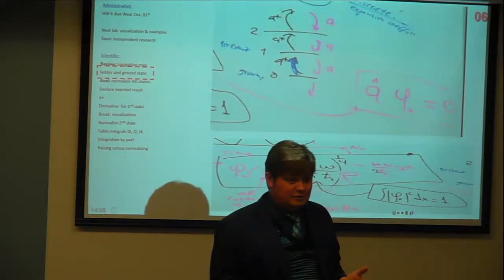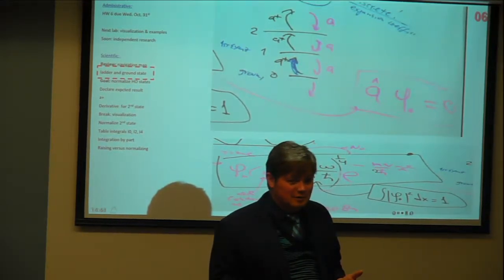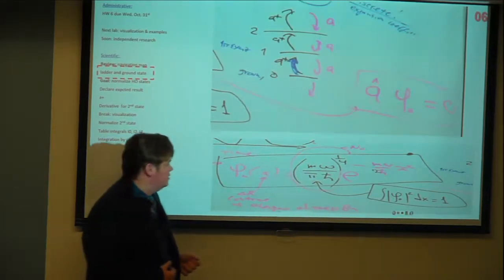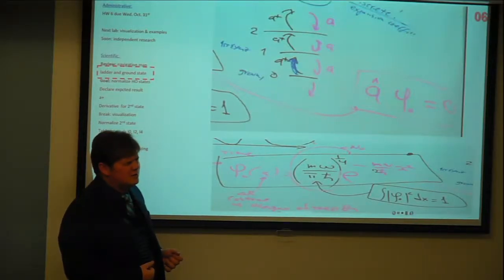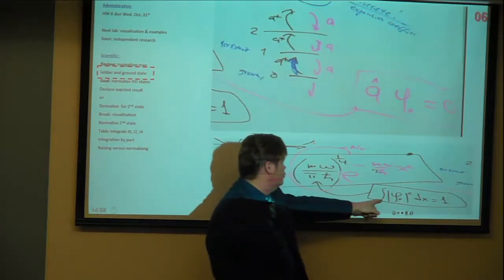Ground state wave function, which mathematically looks like a family name from German money. Gaussian, yeah, Gaussian distribution. And then at the beginning of last meeting, we practiced integration in order to find normalization.